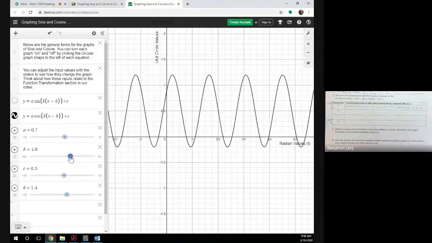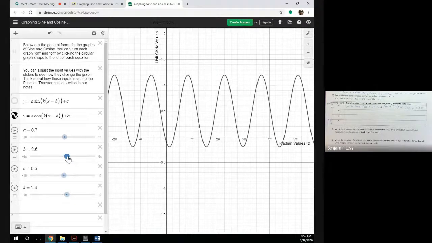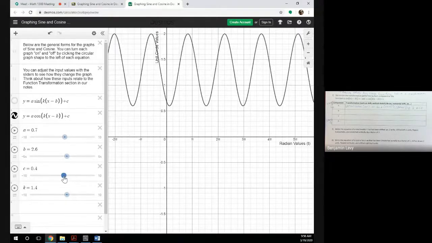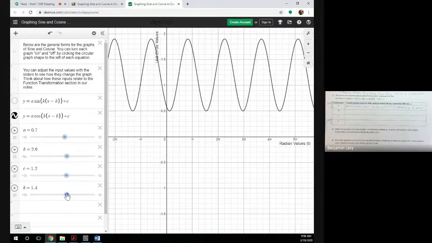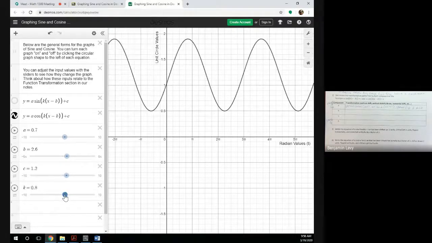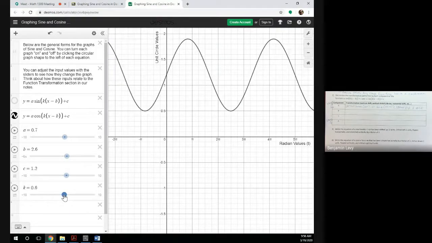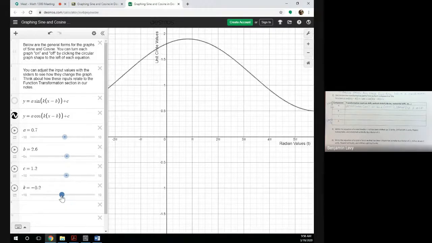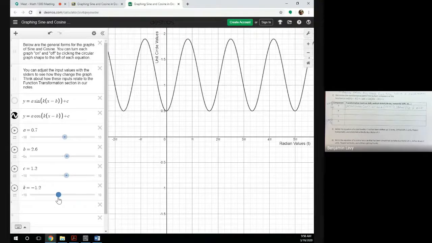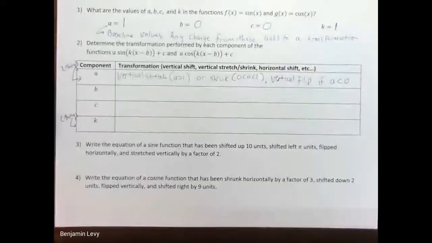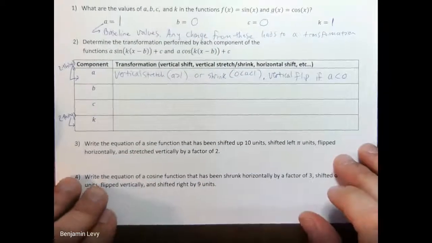B does horizontal shifting, C does vertical shifting, and K does horizontal stretching and shrinking. And the other thing K does, if it's negative, notice that if it gets close to 0, it stretches, but then as soon as it goes negative, it actually horizontally flips things. And so let me go back and fill some of those things into our table here, what we just found, or what you should have just found.